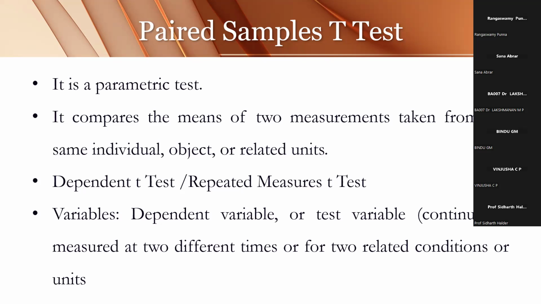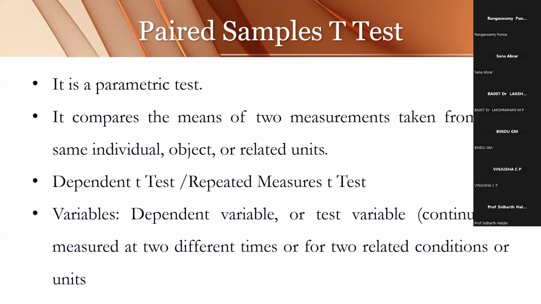So it depends on the context. One can conduct a pre-intervention, post-intervention test, means you are collecting data one time before the intervention, and you will be collecting data after giving the intervention. Basically you try to see the difference between pre and post. So that can also be one kind of context for conducting a paired sample t-test.